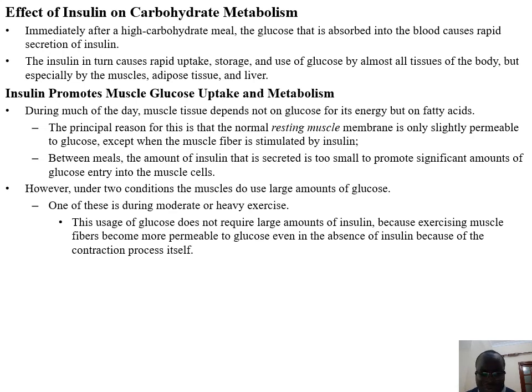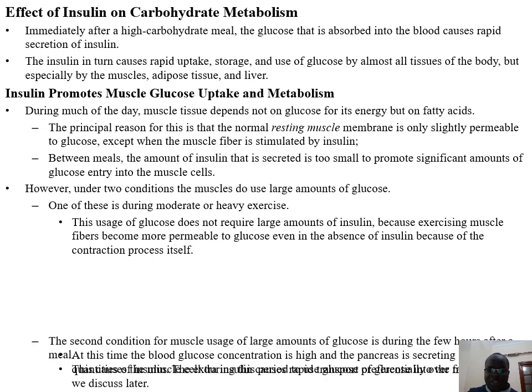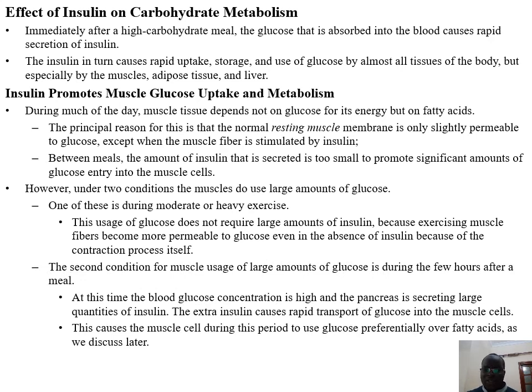This usage of glucose does not require large amounts of insulin, because exercising muscle fibers become more permeable to glucose, even in the absence of insulin, because of the contraction process itself, in the absence or in smaller quantities of insulin.